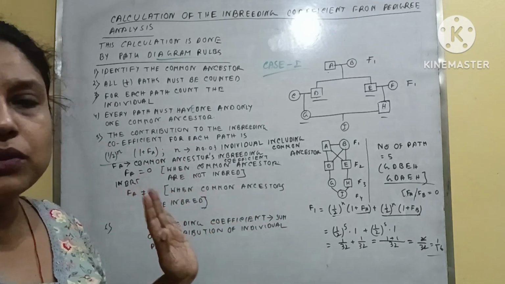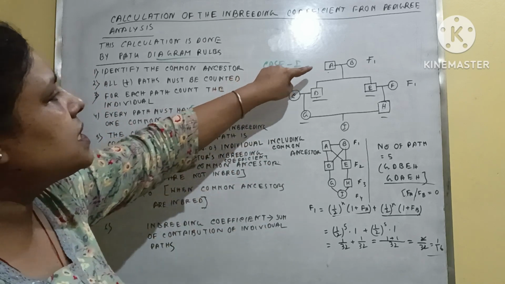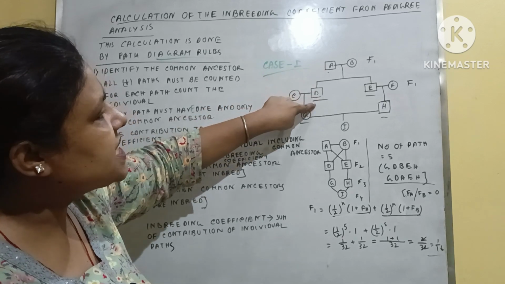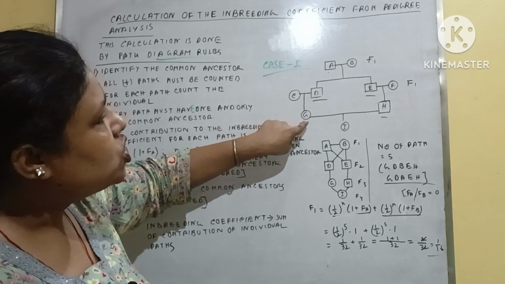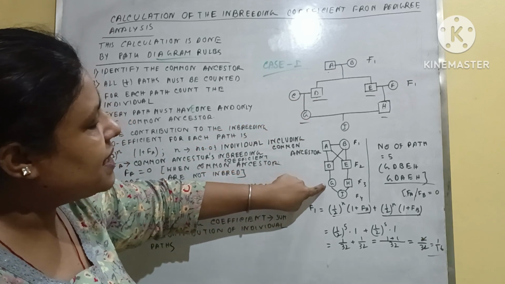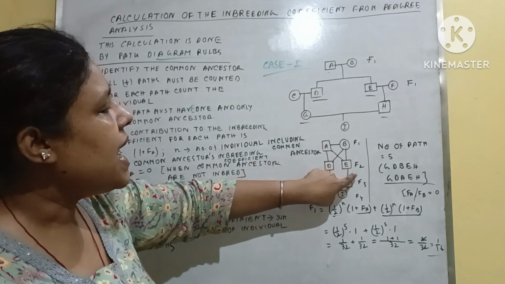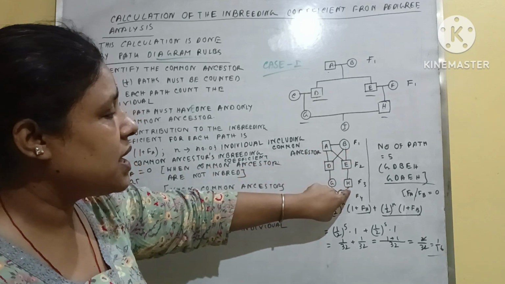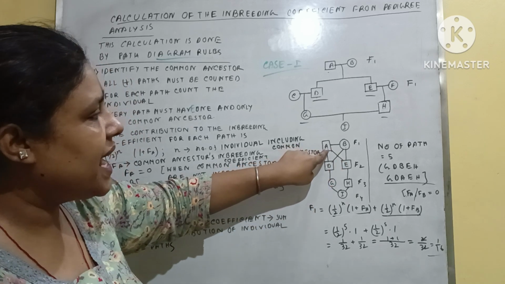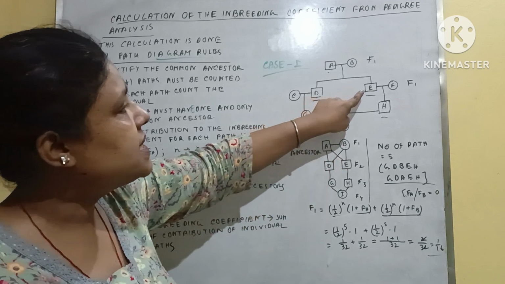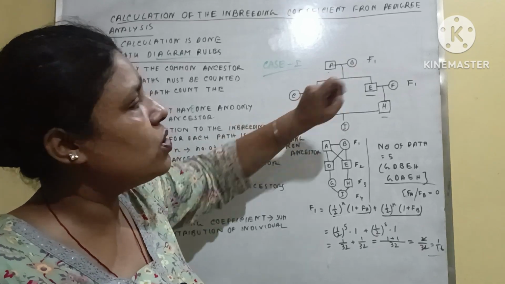So how can we do this diagram? From A, D is connected by a straight line, and from D, G is connected, so D is directly connected with G. In the same way, B is directly connected with E, and E is directly connected with H. And A is also connected with E, you can see that E is connected with A also, and D is connected with B also.